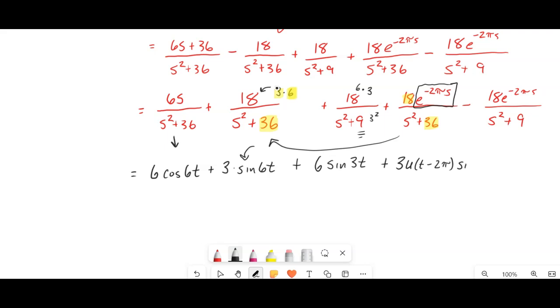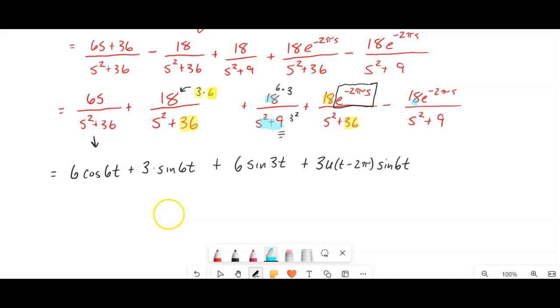Then we see the s squared, the 9, the 18. That's all this right here, so that's going to be a minus. Again, there's an 18, so I'm thinking that is 6 times 3, so I had a 6 out front. This is minus 6 u(t minus 2 pi) times the sine of 3t again. So there is our overall solution.